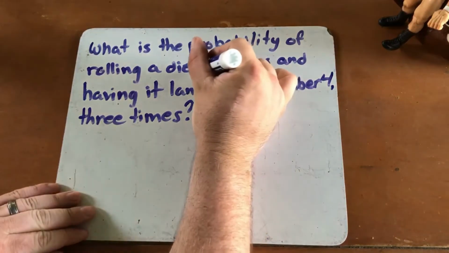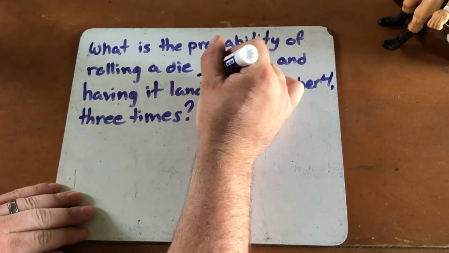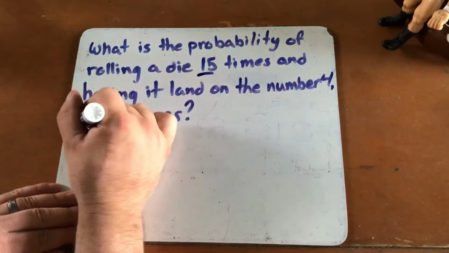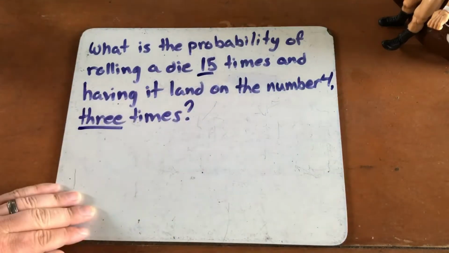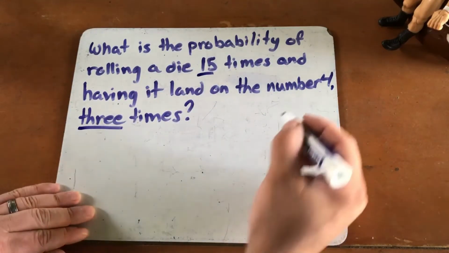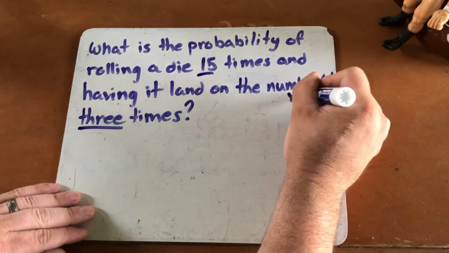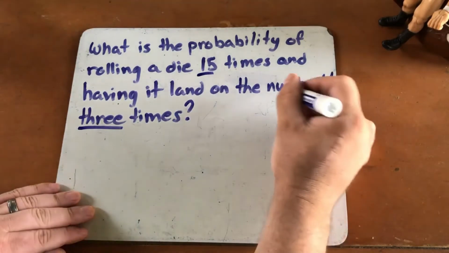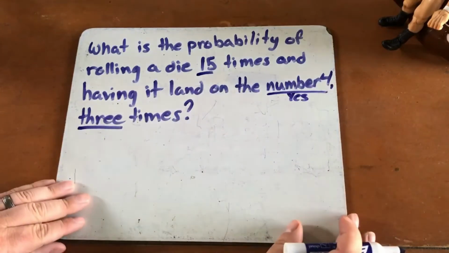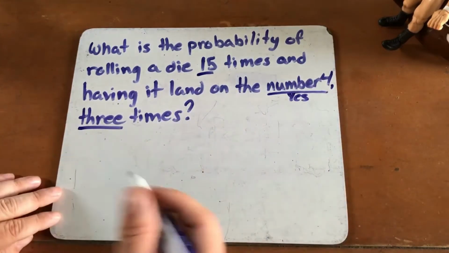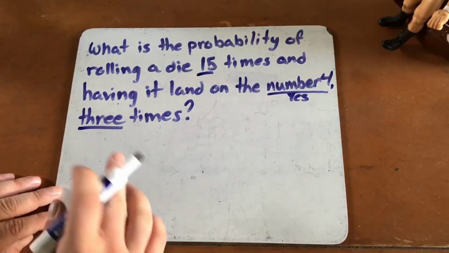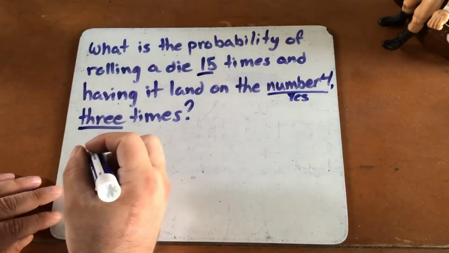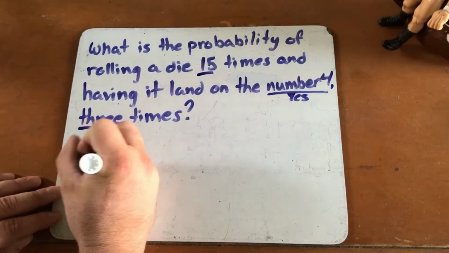This is the total number of events. This is how many successes I'm looking for. And success, or you can think of it as my yes, is rolling a number 4. So the first thing I want to do is find a group of 3 out of 15, so we're going to use nCr.